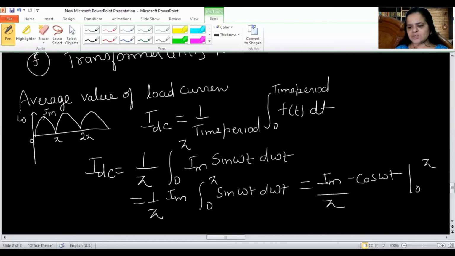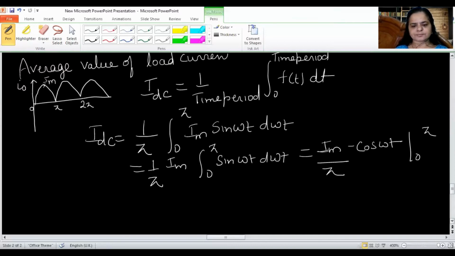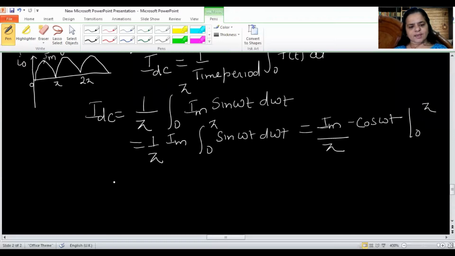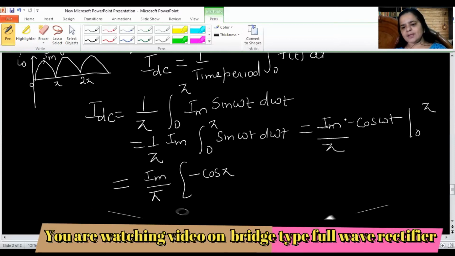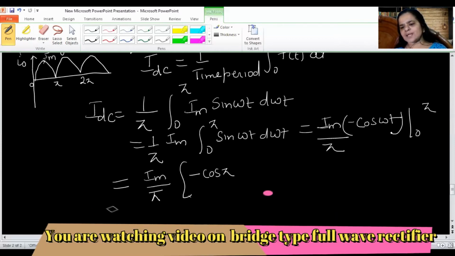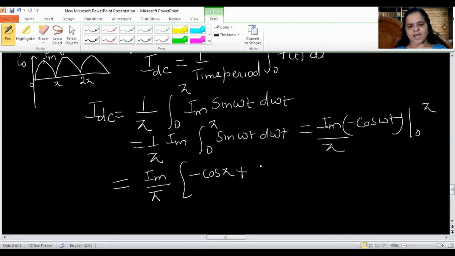So finally, the value will be Im upon pi. If I put the upper limit, that is minus cos pi, and one minus sign is of the lower limit, and one minus sign is of minus cos omega t, so it will give plus, and with the lower limit, cos 0.